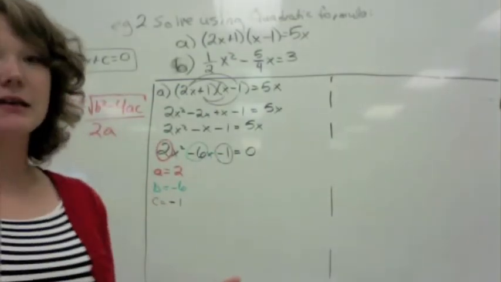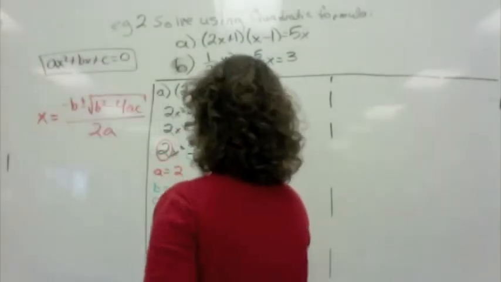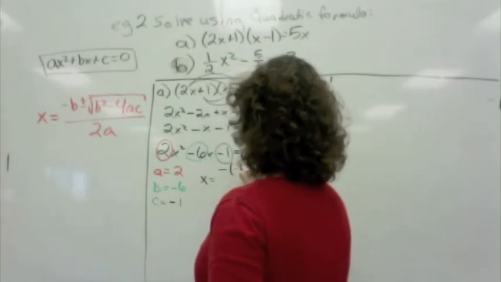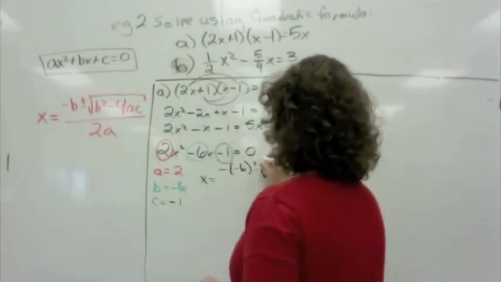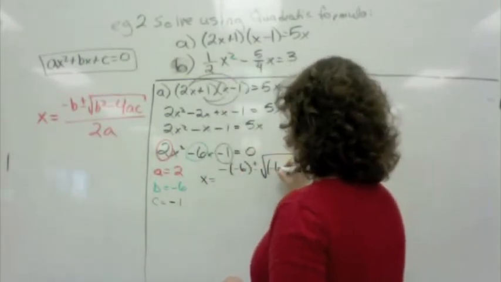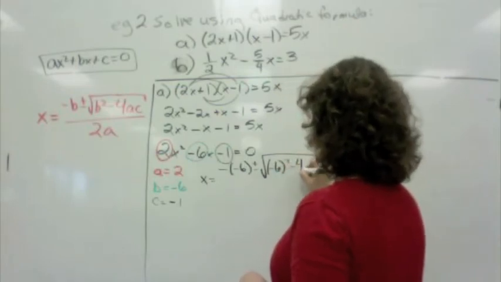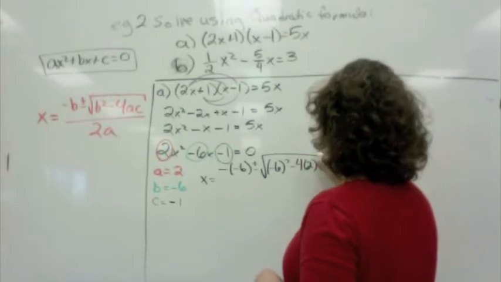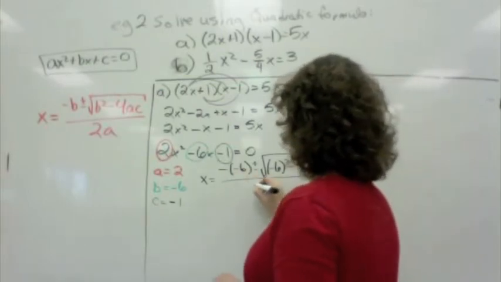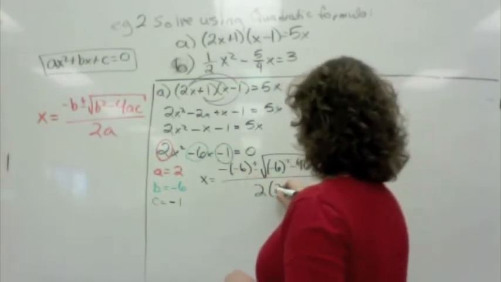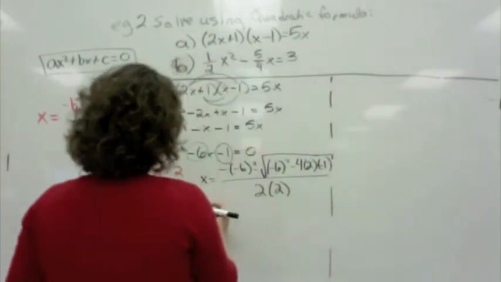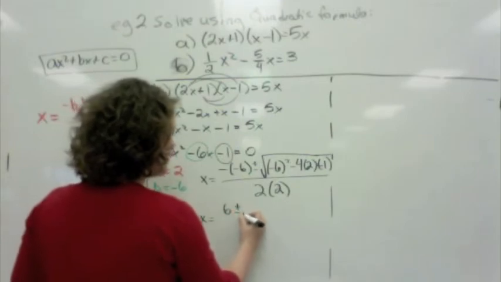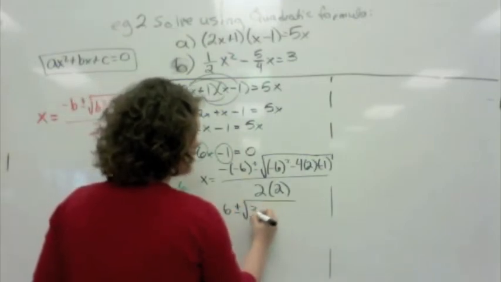So let's plunk that into the quadratic formula. x equals negative 6 plus or minus the square root of negative 6 squared minus 4 times A, which is 2, times C, which is negative 1, all over 2A, 2 times 2. x equals positive 6 plus or minus the square root of 36.